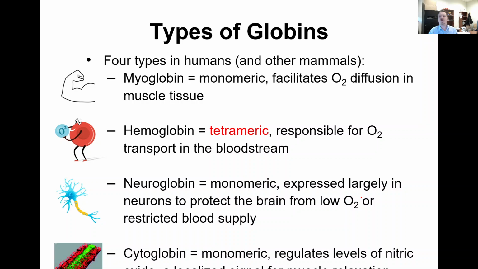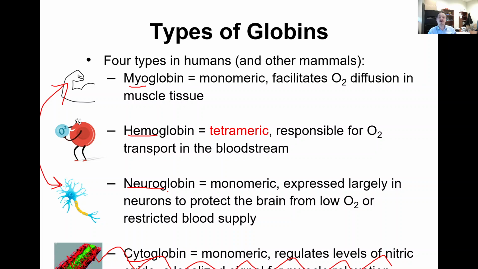Now, like I said, there's a whole bunch of different globins. Myoglobin, myo is in muscles, hemoglobin is in blood, neuroglobin is in the brain, and cytoglobin is something else to do with muscles. We can just largely ignore cytoglobin, but I just add it for completeness. And neuroglobin and myoglobin are actually very similar, but one's in the muscles and one is in the neurons.